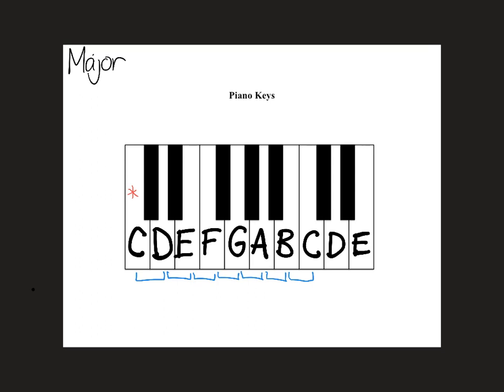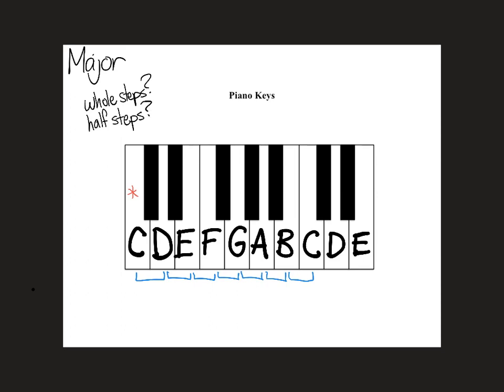And what we are going to do first is look at that C major scale and figure out where are the whole steps in that C major scale and where are the half steps.